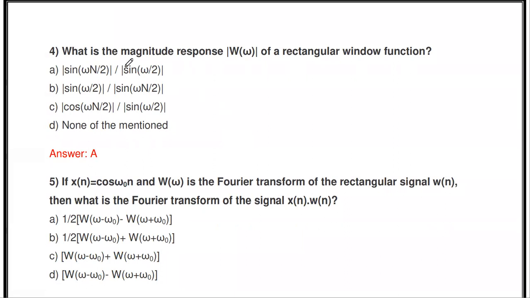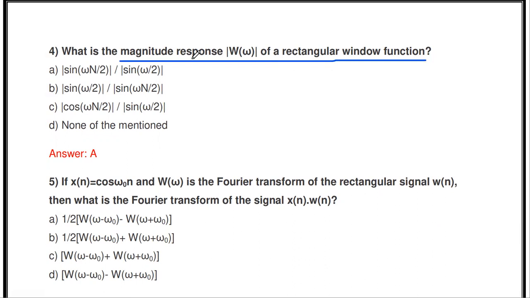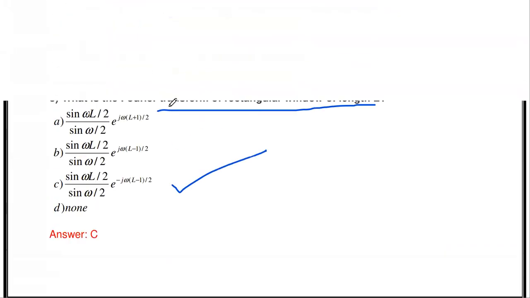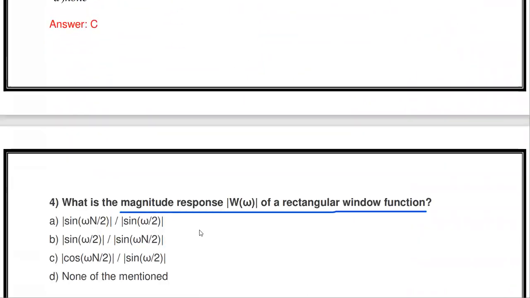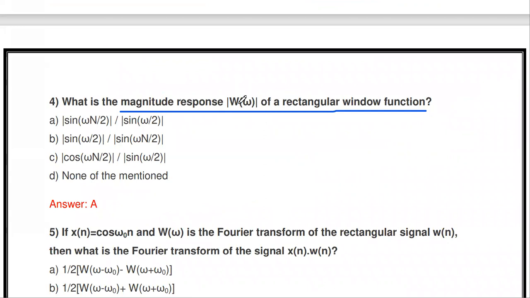Then the next one: what is the magnitude response of the rectangular window function? Just now we calculated the Fourier transform of the rectangular window, and this answer is nothing but capital W of omega. So what is the magnitude, the modulus of W of omega?